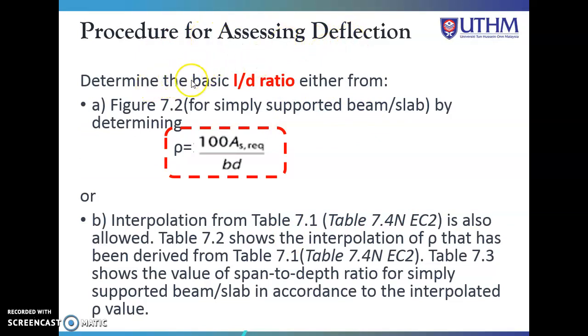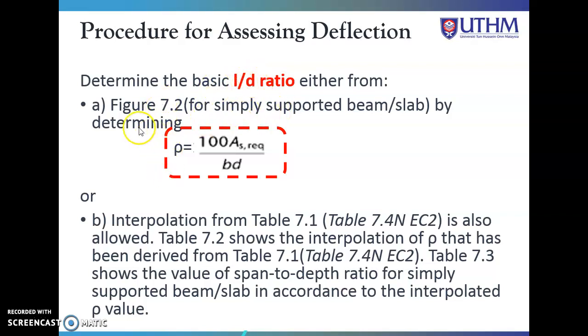First, the procedure of assessing deflection. First of all, we need to determine the basic L over D ratio. So, what is L? What is D? L is the length of span, and D is the depth. So, we need to find out the ratio between the span and the depth. Macam mana kita nak cari?